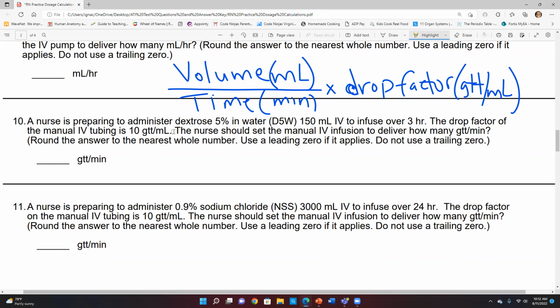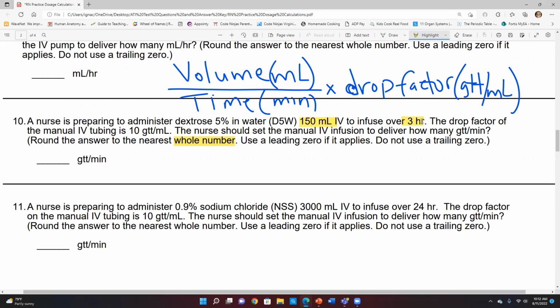The drop factor of the manual IV tubing is 10. So the nurse should set the manual IV infusion to deliver how many drops per minute. So we'll round the answer to the nearest whole number. So let's go ahead and highlight the numbers that are important.